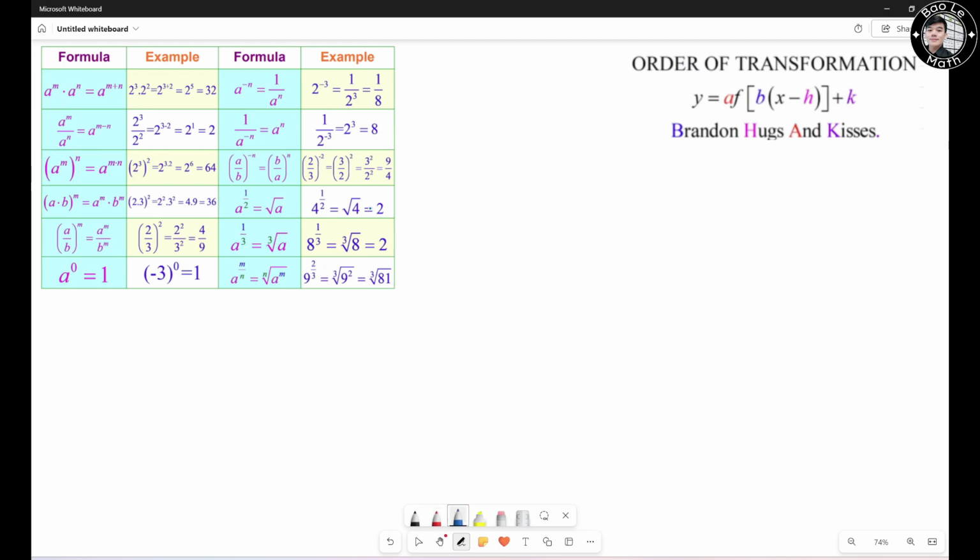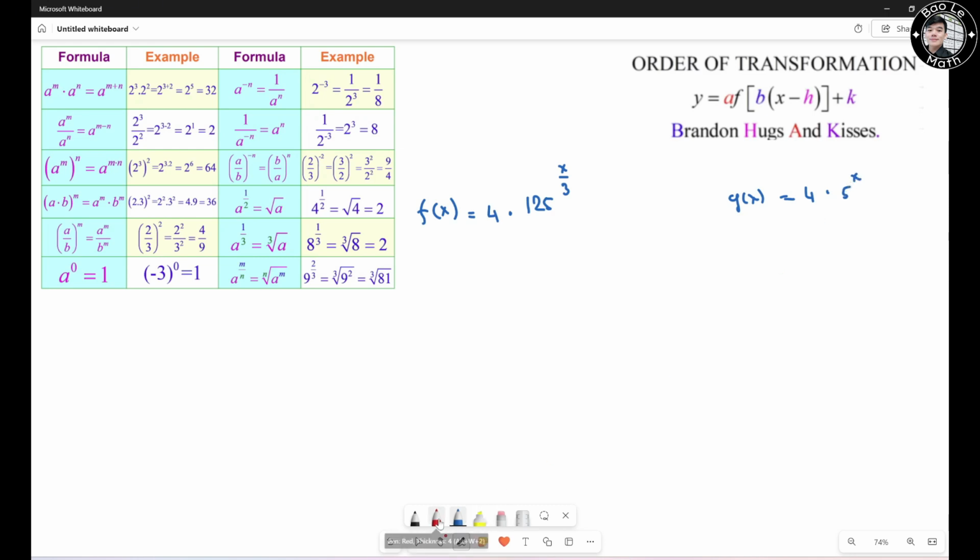Now let's move on to the last example. For example, if I have a function f of s equal to 4 times 125 raised to the s over 3, and I need to compare this one with g of s equal to 4 times 5 raised to the s.